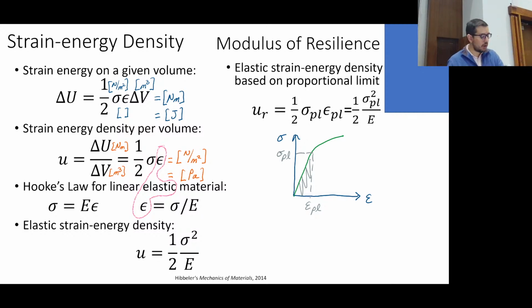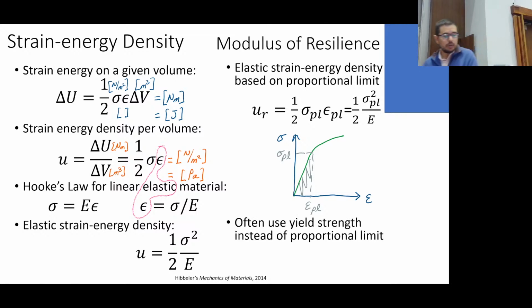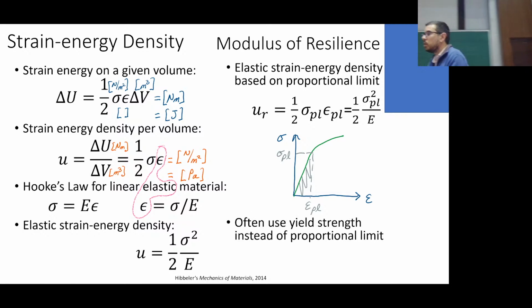But I can say proportional limit, that's fine. So it's the area under this line, because it is linear with slope of the elastic modulus up to this location. And like I said, we often use the yield strength instead of the proportional limit. Okay, any questions on this?